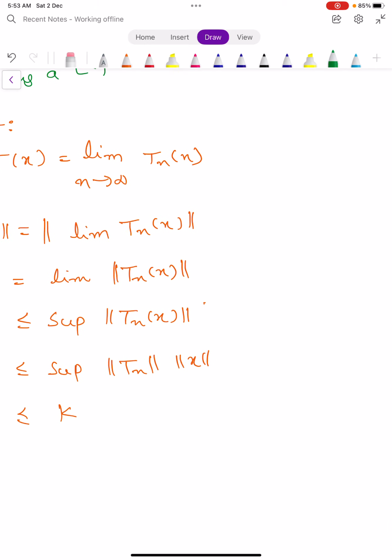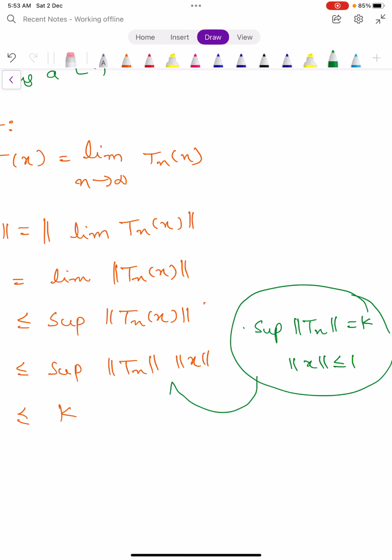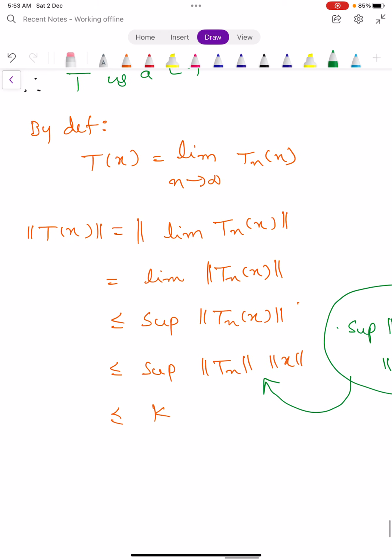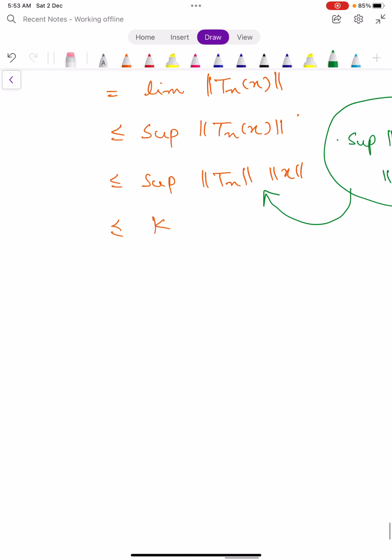So here you observe that the supremum of norm Tn is equal to k, and already we have norm x less than or equal to 1. Using these 2 points, this is less than or equal to k. It means norm T of x is less than or equal to k for all x belongs to capital N.